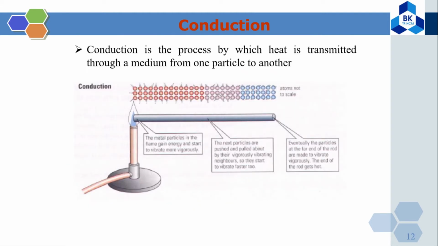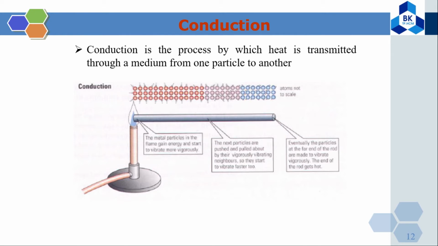Conduction is a process by which heat is transmitted through a medium from one particle to another. Look at the picture there. When the particle is hit directly by the sun, it gains energy and starts to vibrate more vigorously.